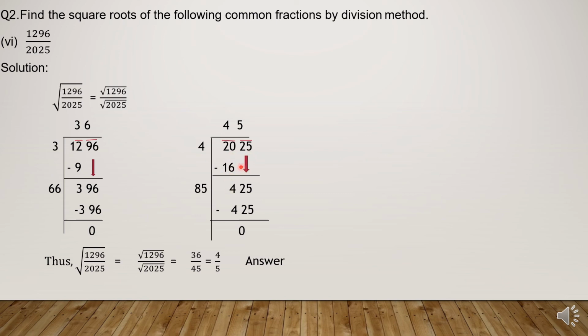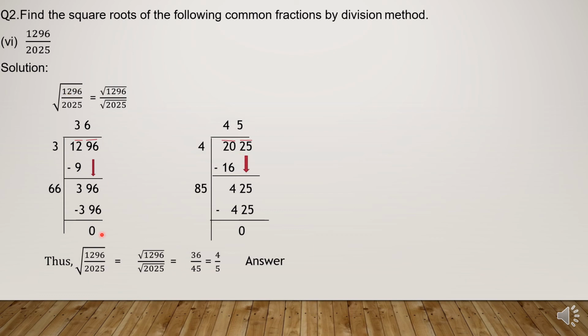The complete pair 25 will come down. And how will we make the new divisor? 4 plus 4 is 8. With 8 we guess a number 5, so that we multiply 85 with 5 and we get 425. So 45 is the square root of this number 2025.